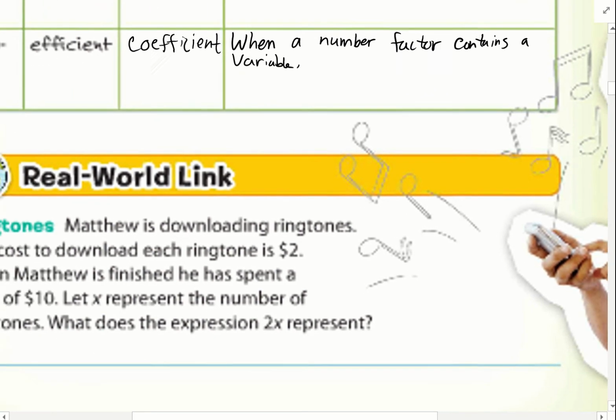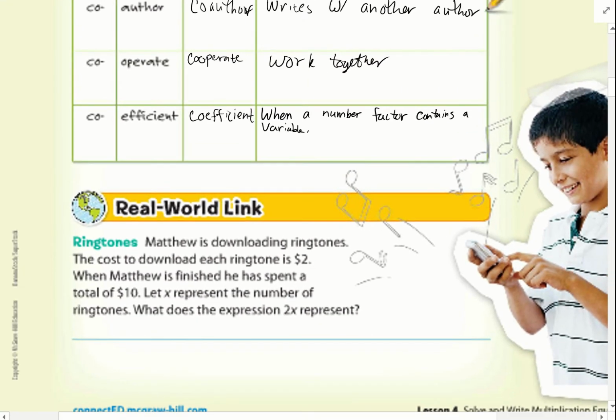And then the number with the variable is the coefficient. So in 3x, 3 is our coefficient.